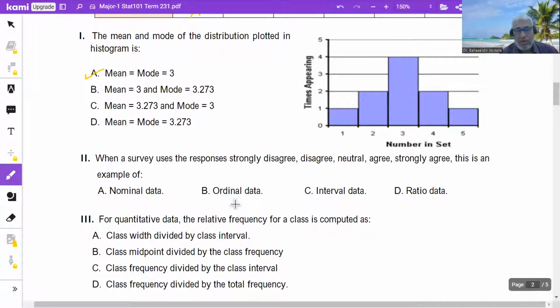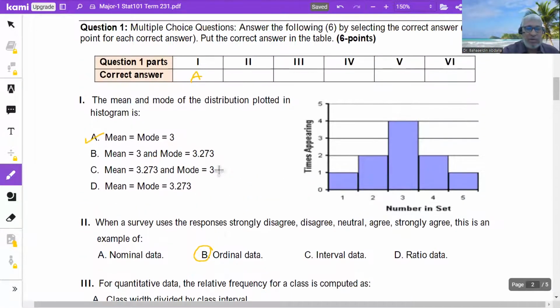So either nominal or ordinal. The difference between ordinal and nominal is whether there is an order. So strongly disagree is less than disagree, agree is less than strongly agree. So we can order these responses. So the correct answer is B.